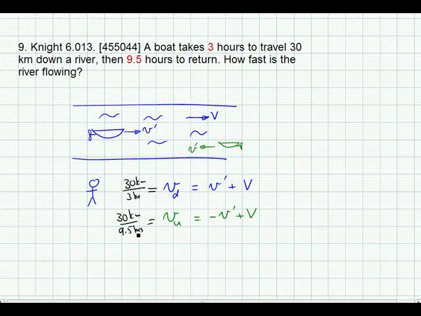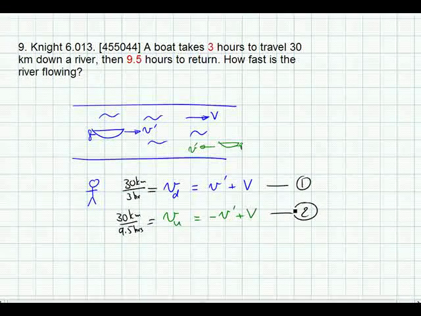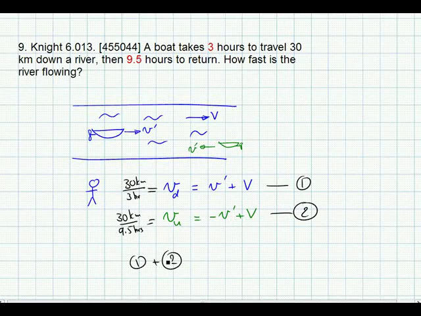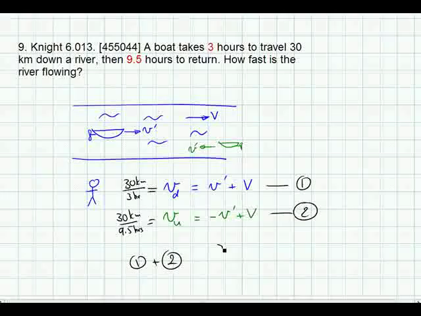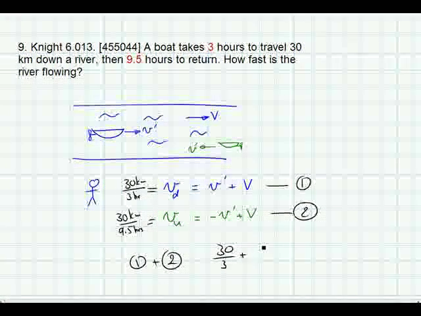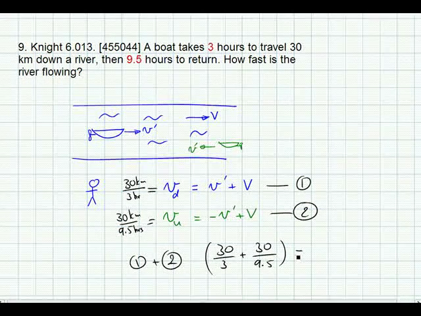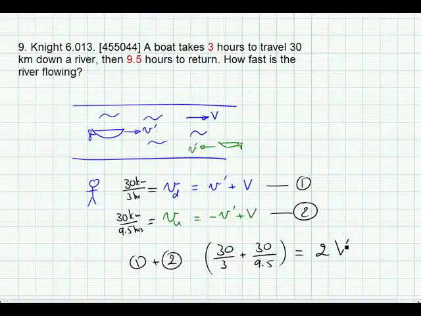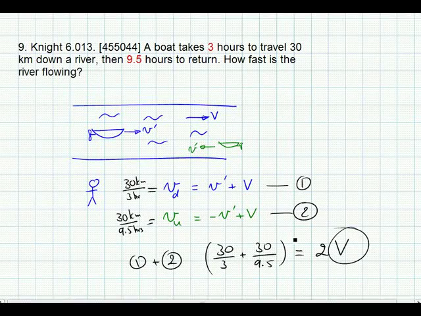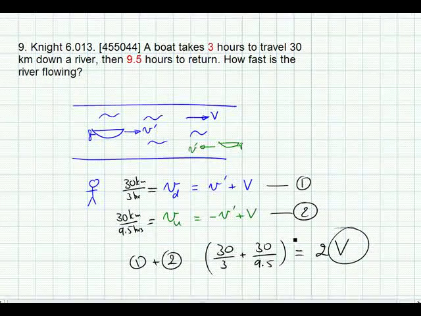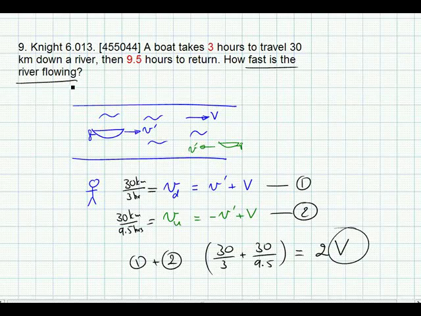If you then take a look at equations 1 and 2 and do 1 plus 2, you end up with 30 divided by 3 plus 30 divided by 9.5 on the left hand side equal to 2V, from which you can figure out what capital V is, how fast the river is flowing, which is what the problem was after.